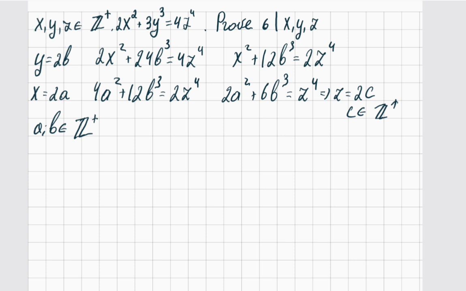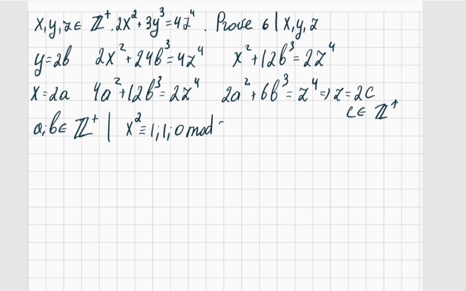Now we need to prove that all of these three numbers are divisible by 3. Firstly, we should know that if x is a positive integer and we look at the remainders when we divide x squared by 3, we will realize that there can be only two possibilities here, 1 or 0.